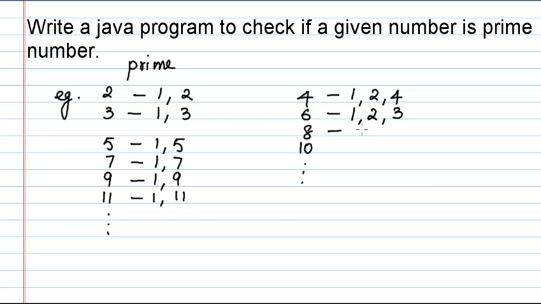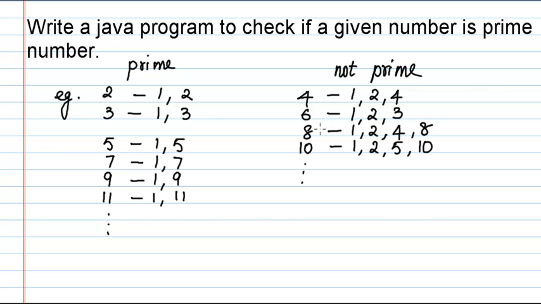For the number 8, 1, 2, 4 and 8. And for the number 10, 1, 2, 5 and 10. These numbers have got other numbers other than 1 and itself as their divisors. So these are not prime numbers.